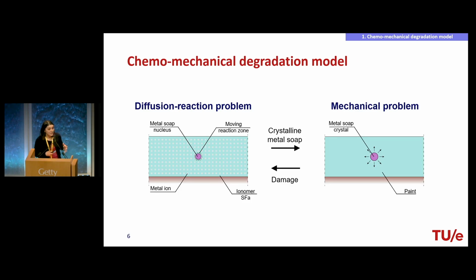The goal of this research is to develop a multi-physics, chemomechanical model that couples a chemical problem, by means of a diffusion-reaction problem that describes the formation of metal soap, with a mechanical problem that enables us to describe the process of damage, so the mechanical response of the system due to this metal soap formation mechanism.